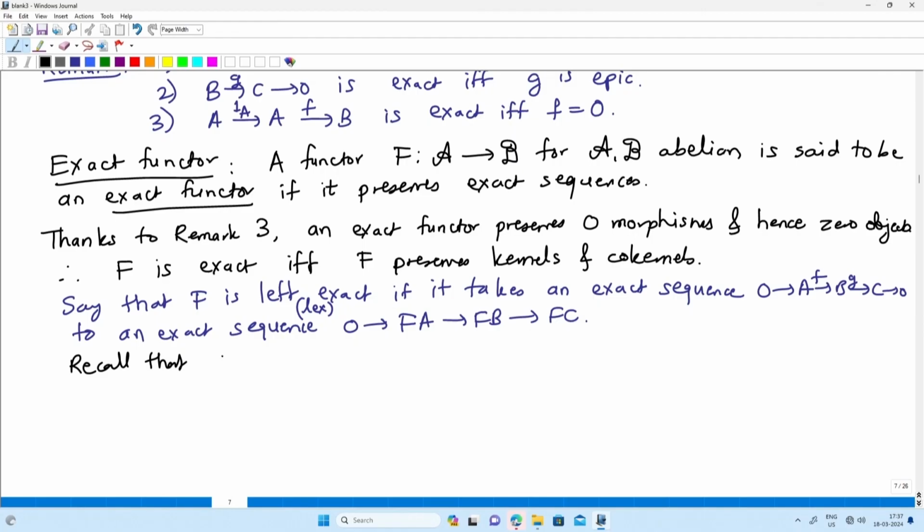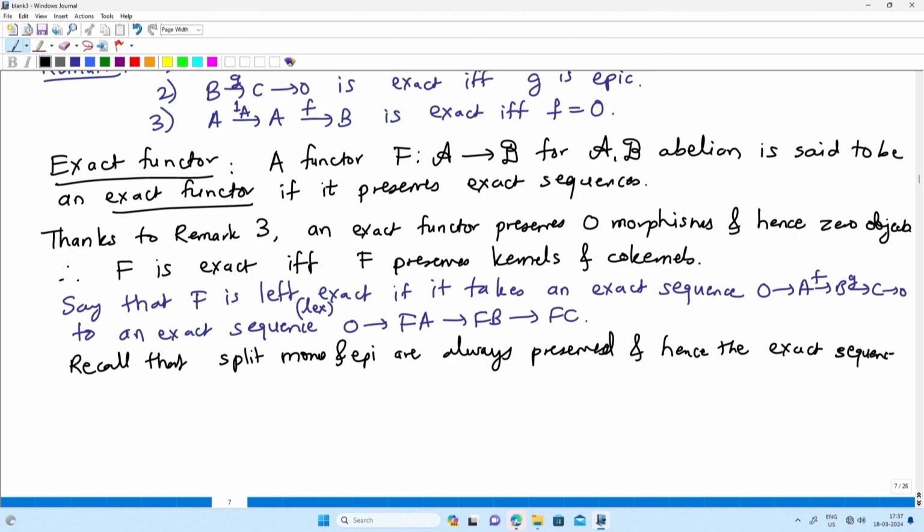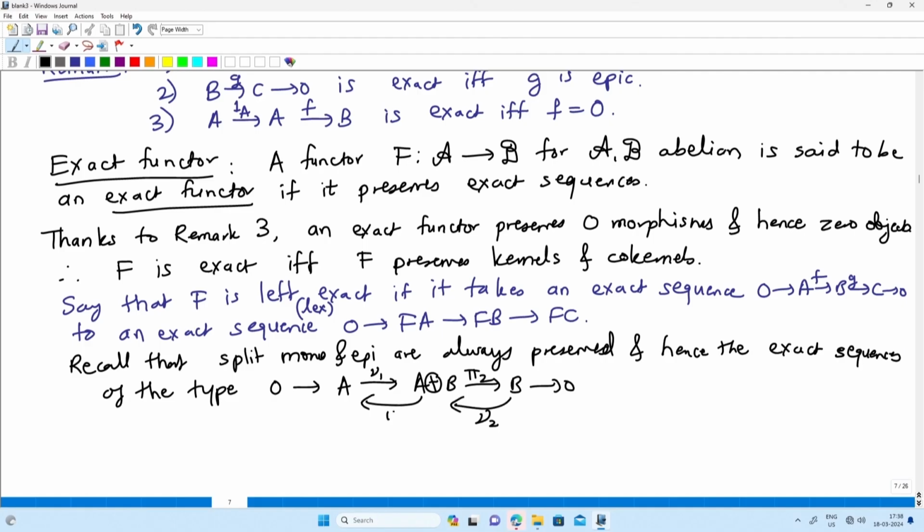Okay, so split monos and split epis are always preserved, and hence the exact sequences of the type, I'm just reminding you of what this is, the biproduct sequence: A direct sum B, and then to B, this is nu1, this is pi2, to 0, and in the reverse direction we have nu2, and in the reverse direction we have pi1.